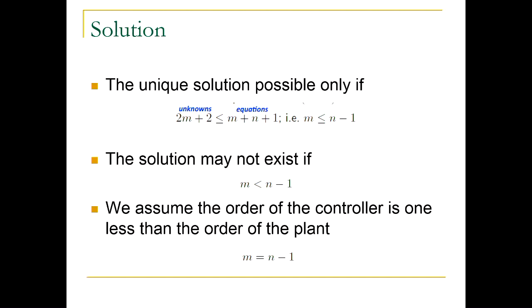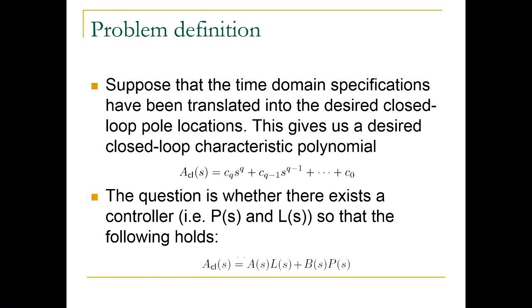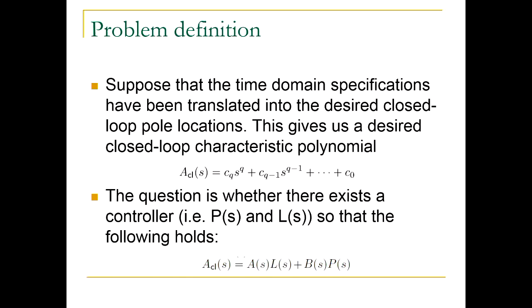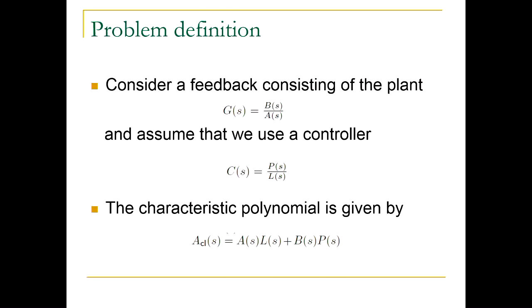If we do that, and then compare how many equations we have and how many unknowns we have, we will see that we can always solve it, under very weak assumptions. I will state these assumptions in a moment. But just to give you an idea, if the closed loop characteristic polynomial is, say, 5th order, and I assume that the controller is just static, so that these are just constants, suppose that P is K and L is just 1.